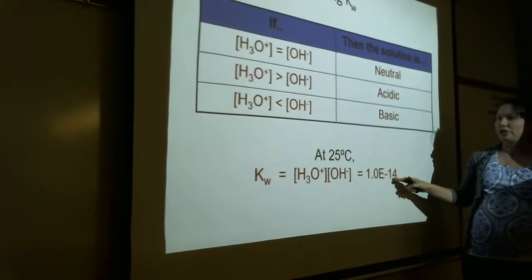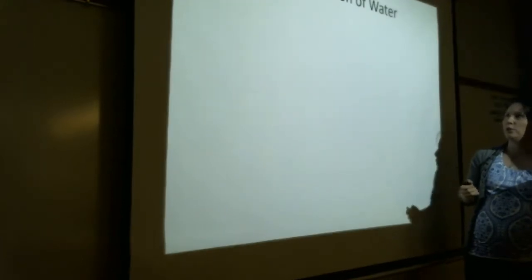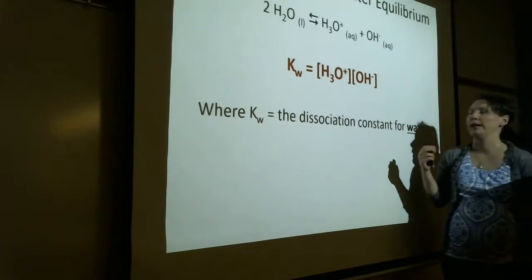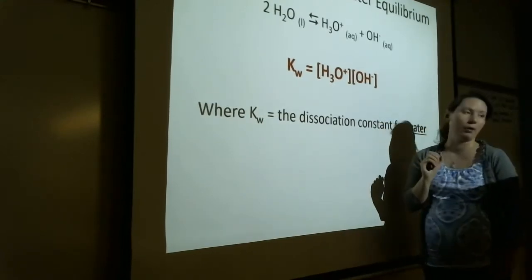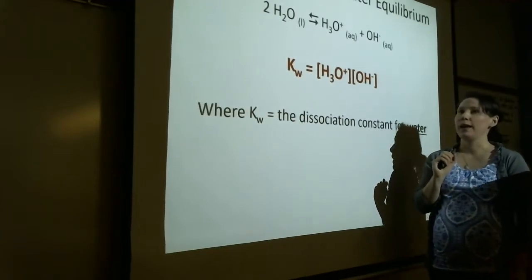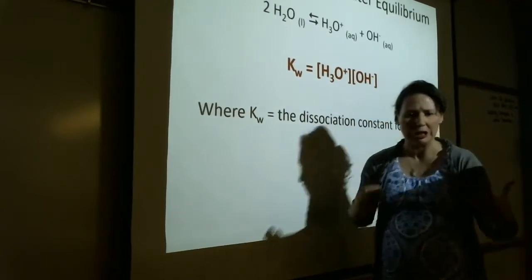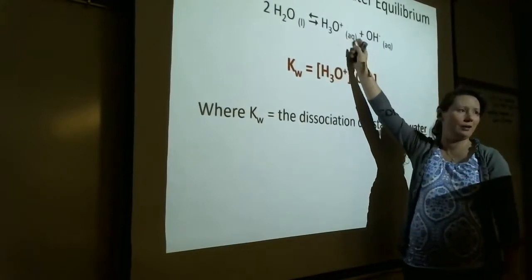So if we're looking at the reaction, at room temperature it's 1 times 10 to the negative 14th, is that reactant favored or product favored? K equals 1 times 10 to the negative 14th. Do I need to be concerned that I am drinking in a whole bunch of hydronium and hydroxide?